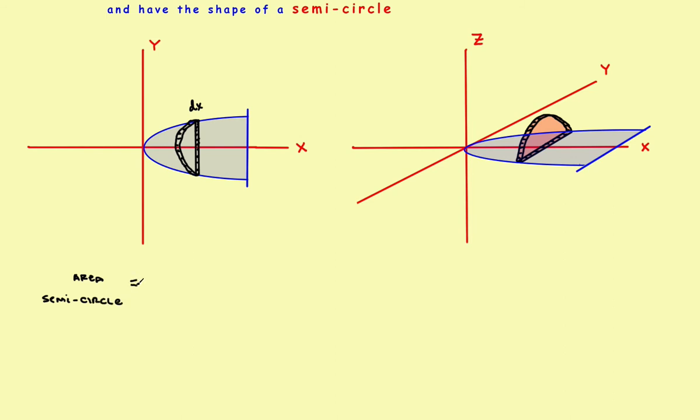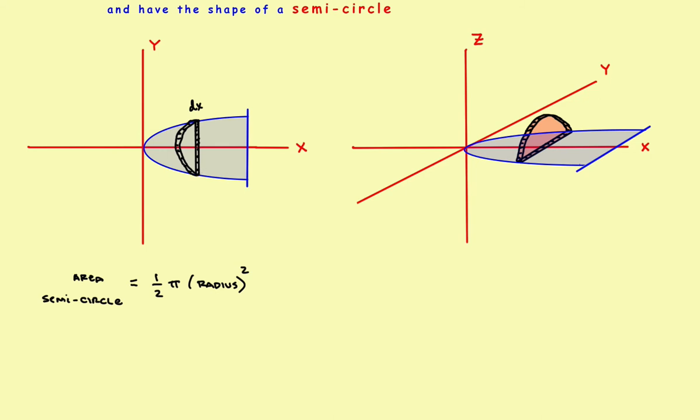So the area of a semicircle is just the general formula. Now the area of an entire circle is pi r squared, pi times the radius squared. So the area of a semicircle would be 1/2 of that. So 1/2 of pi times the radius squared. And this is the general formula for a semicircle.